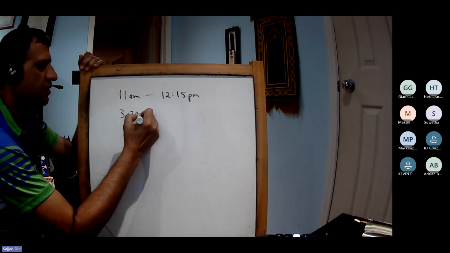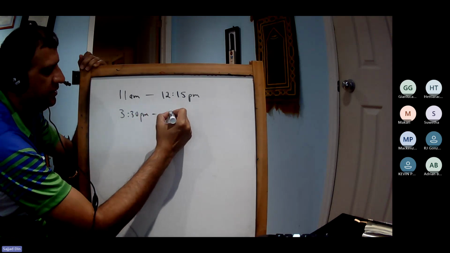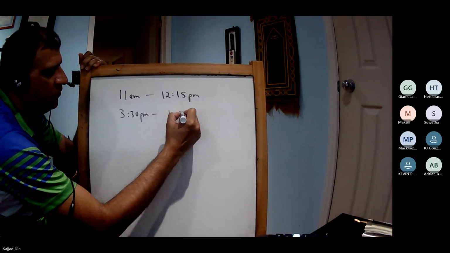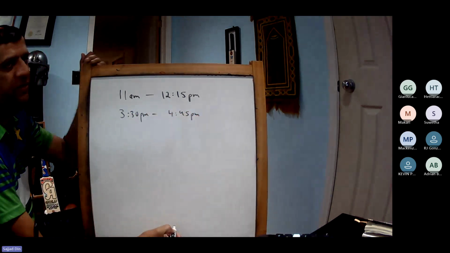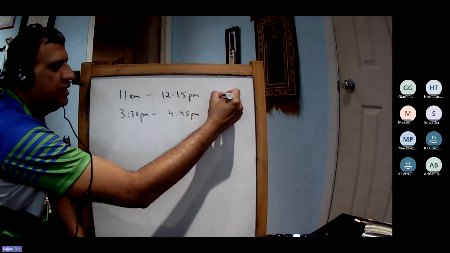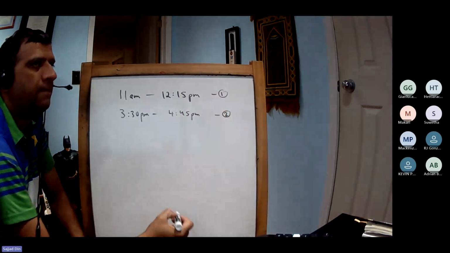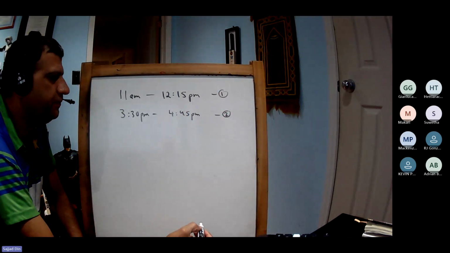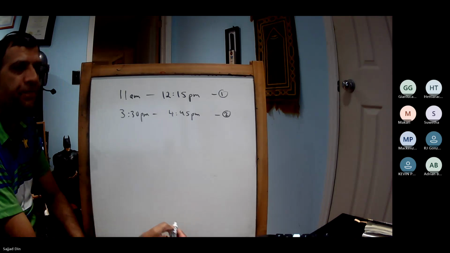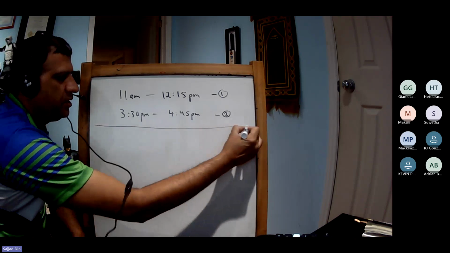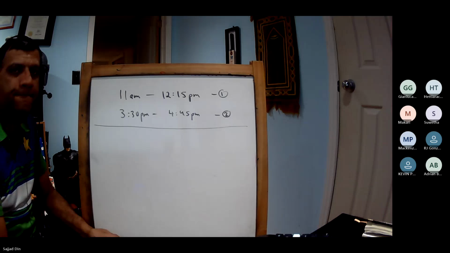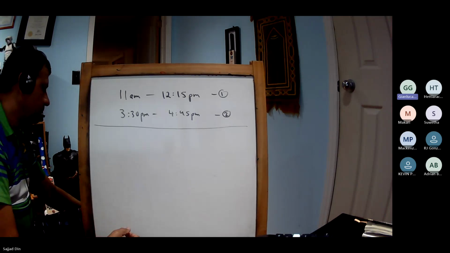The alternate is 3:30 p.m. to 4:45 p.m. If neither of those work, then get in touch with me by email and we'll sort this out. Was that part clear? Yep.